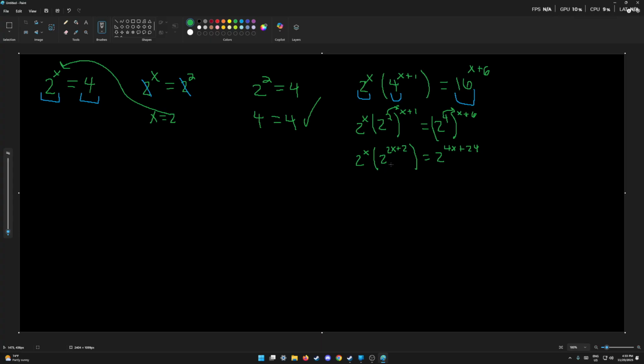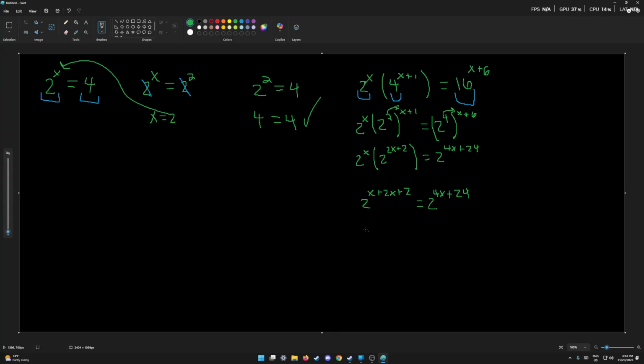So what we need to do now is use another property where if they have the same base and these two are being multiplied together, we can add the exponents together and write them under one base. So that'll be 2 to the x plus 2x plus 2. And then my right side will stay the same, 2 to the 4x plus 24.